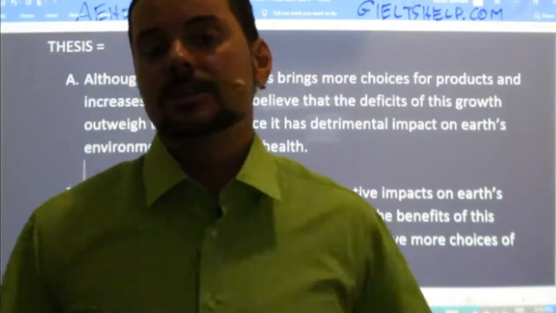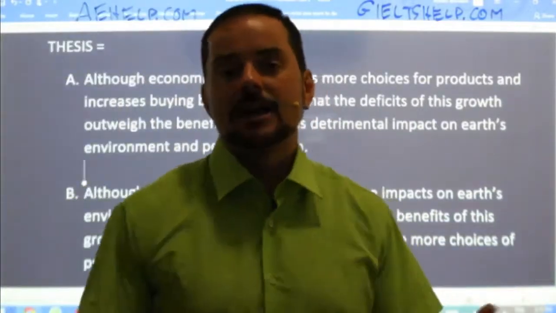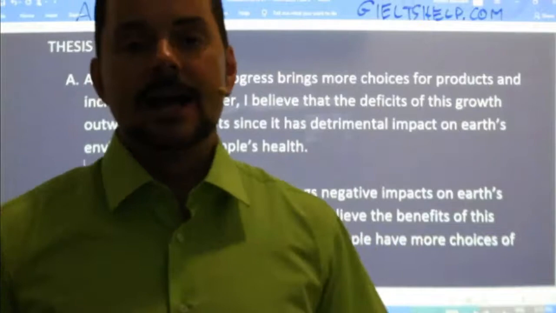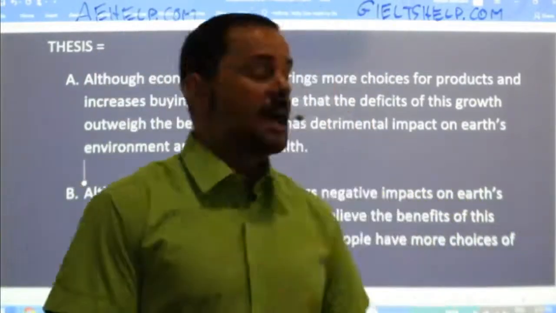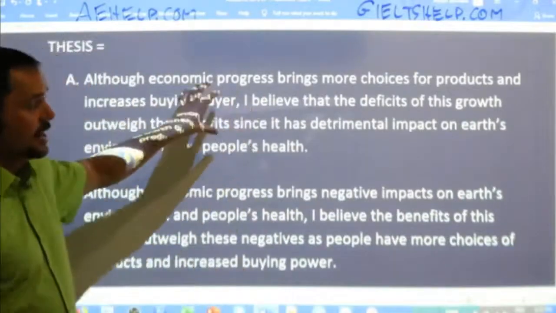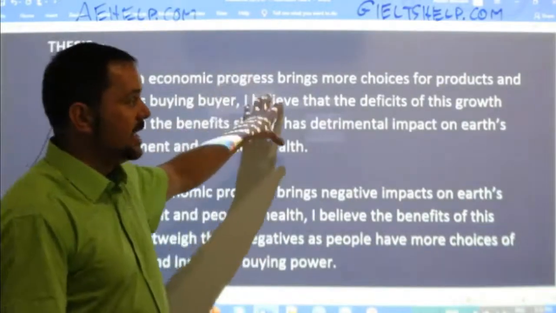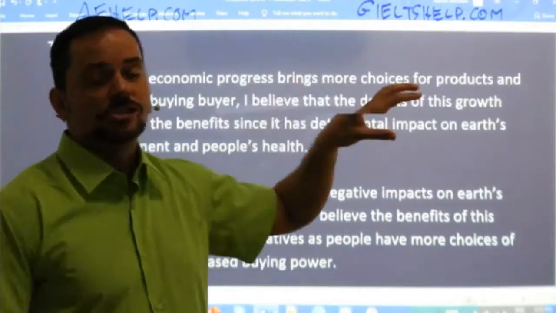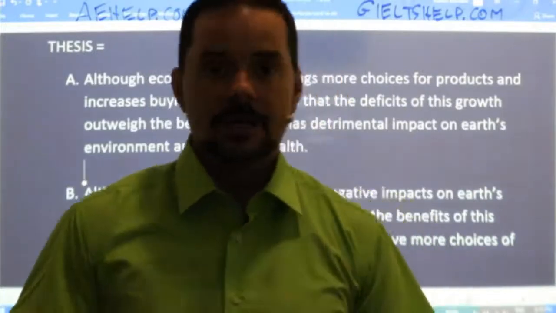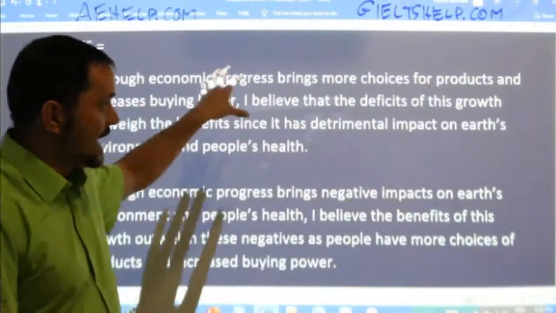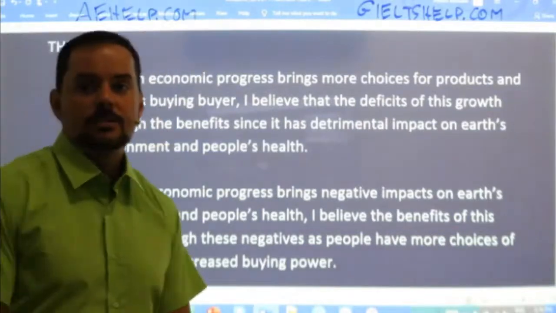Okay, it's easier to say that humans are greedy and humans are destroying their planet through economic growth and buying and producing more. Okay, that's my idea. I think I would have a better chance to get a higher band score with this and stay away from dangerous situations to explain with correct grammar and vocabulary the right answer for this question, or the easy answer, I should say, with this question.